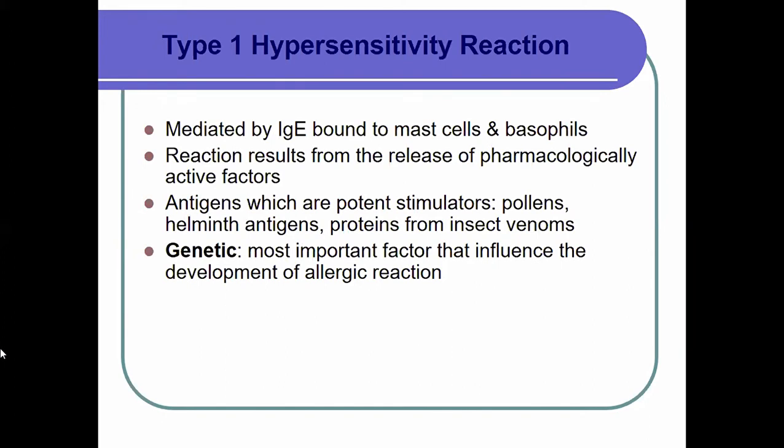So this is the most important factor that influences the development of allergic reaction: history of exposure within the family, the genes. So be careful. You should ask your partner if they have a history of allergic reactions, because that partner might not be able to tolerate cheap jewelries that cause allergy.